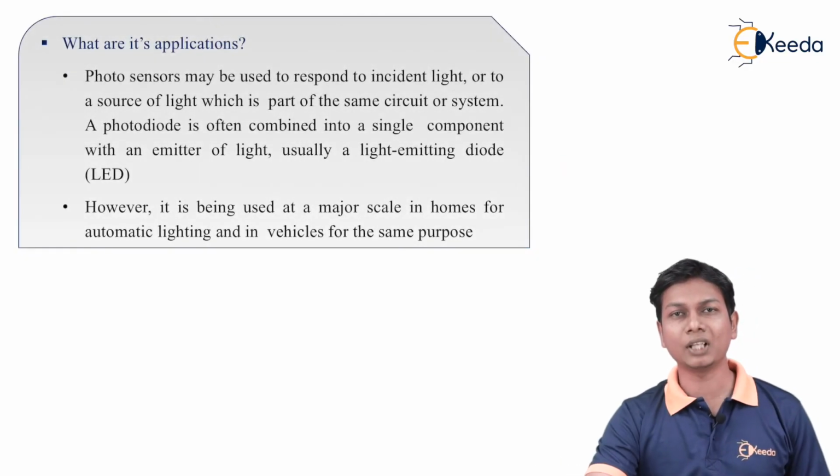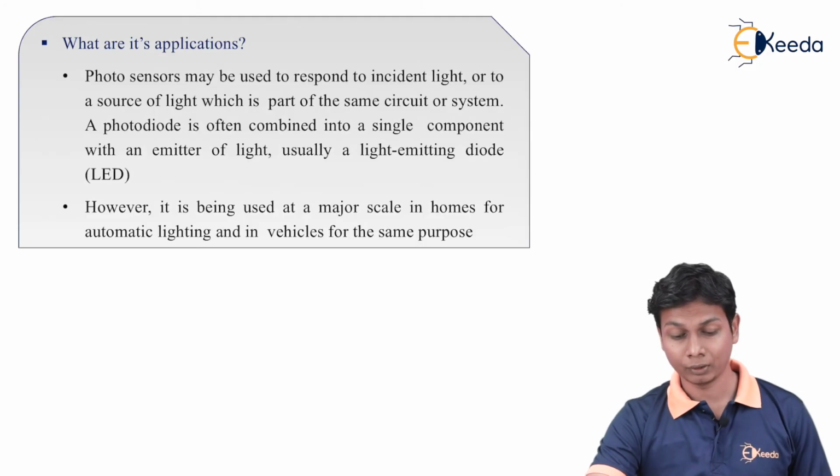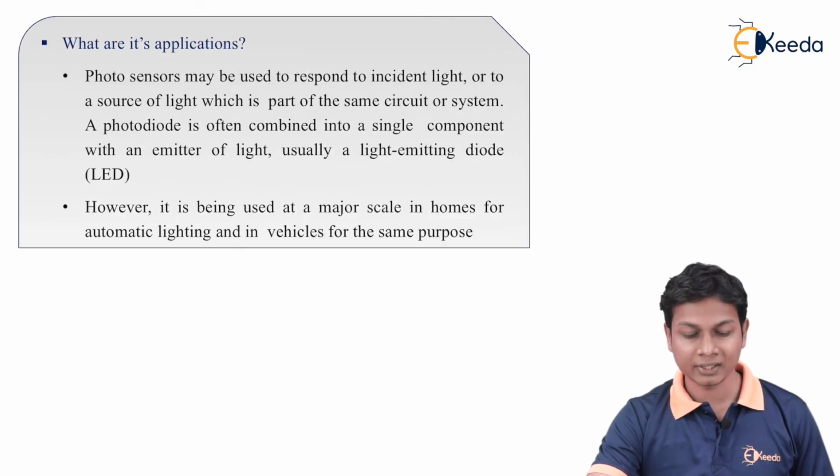Now, what are the applications of this photosensor? It may be used to respond to incident light or to a source of light which is part of the same circuit or system. A photodiode is often combined into a single component with an emitter of light, usually an LED.